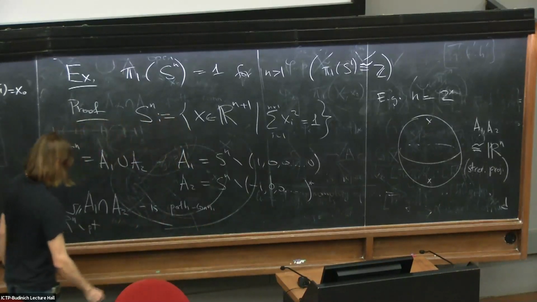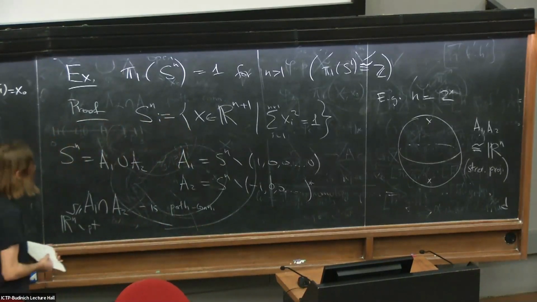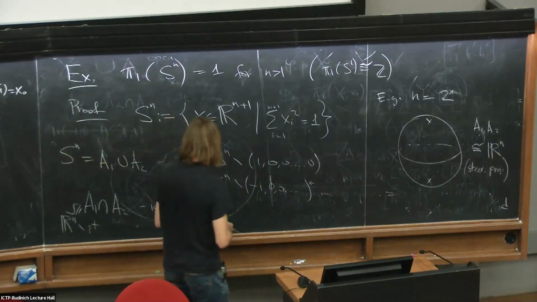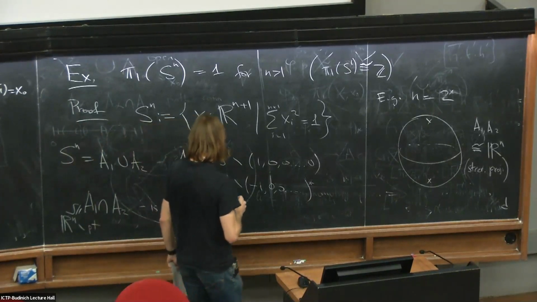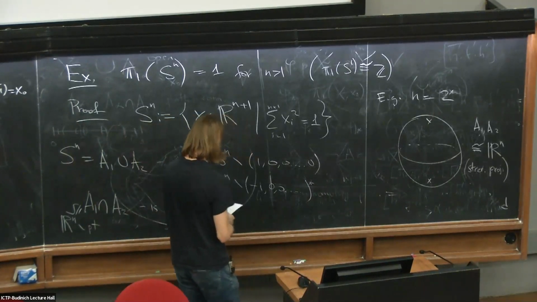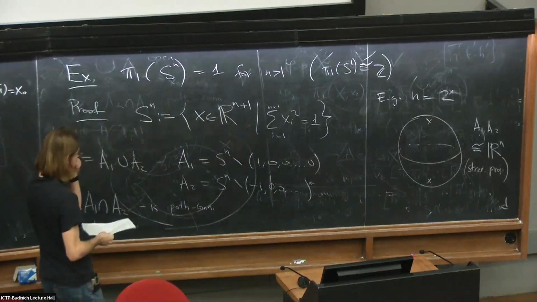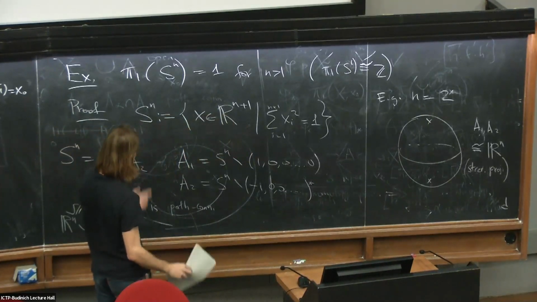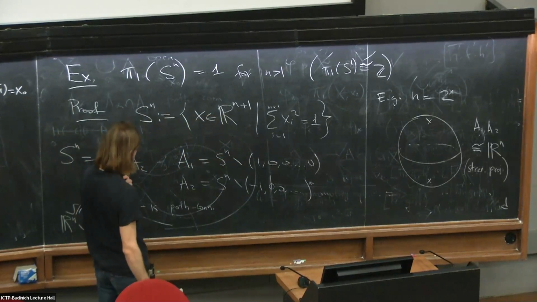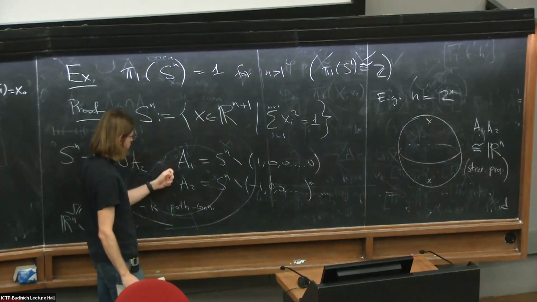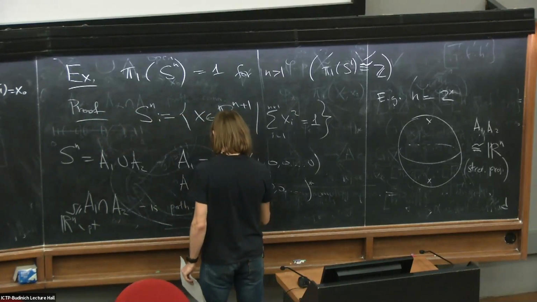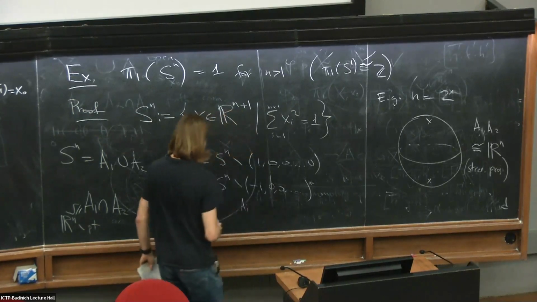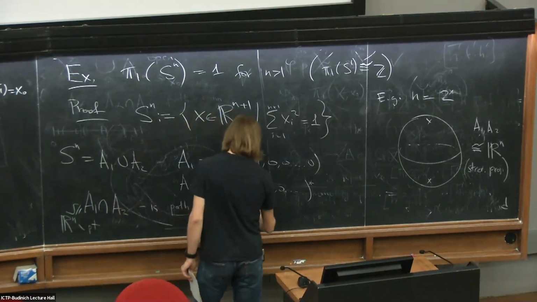And we can use this lemma, which tells us that any loop in Sn is, up to path homotopy, homotopic to a composition of loops in A1 and A2. But we know that the Ai are contractible.